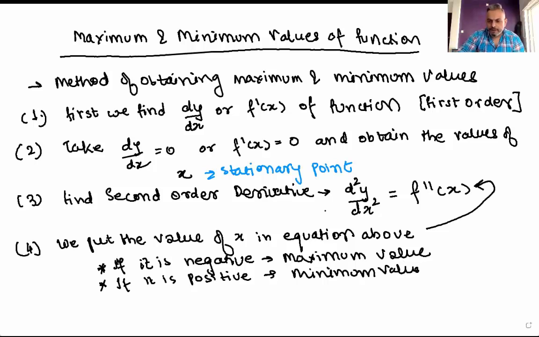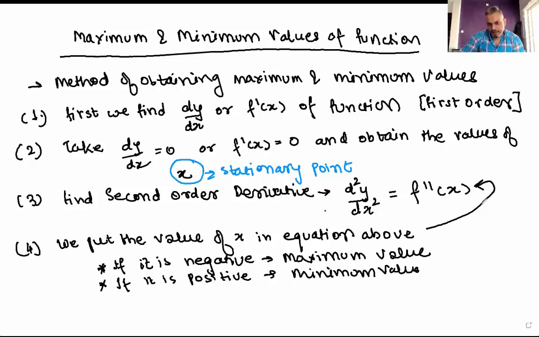Now what we will be doing over here is, see, you found the first order derivative, then you took that first order derivative equation as 0, you found the value of x.